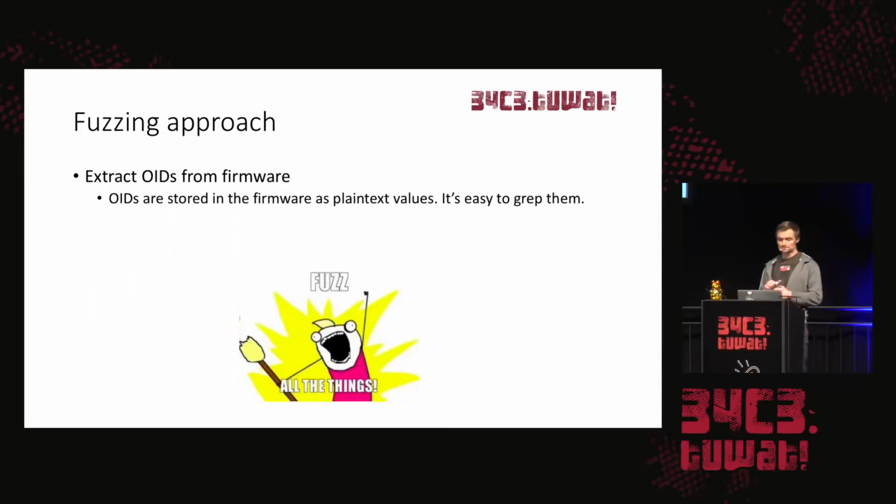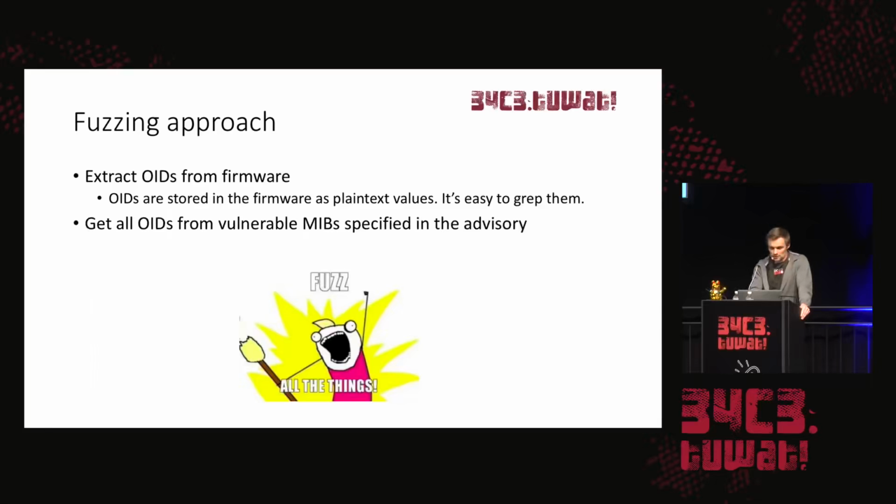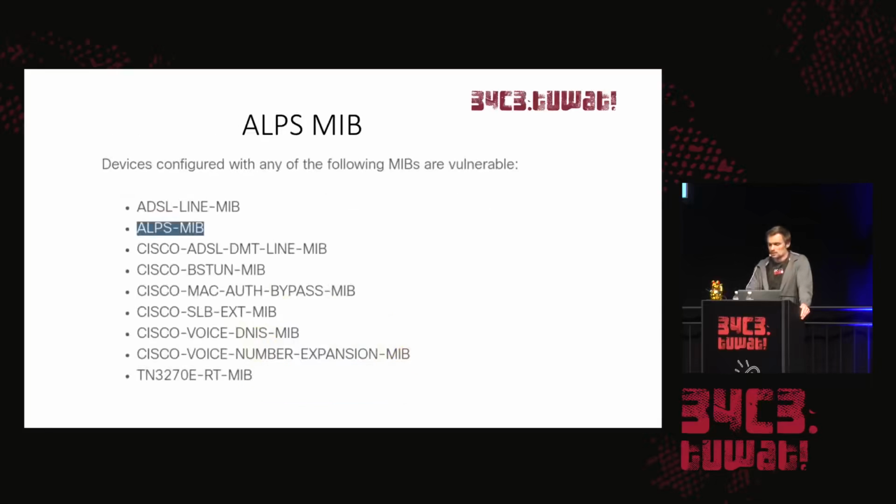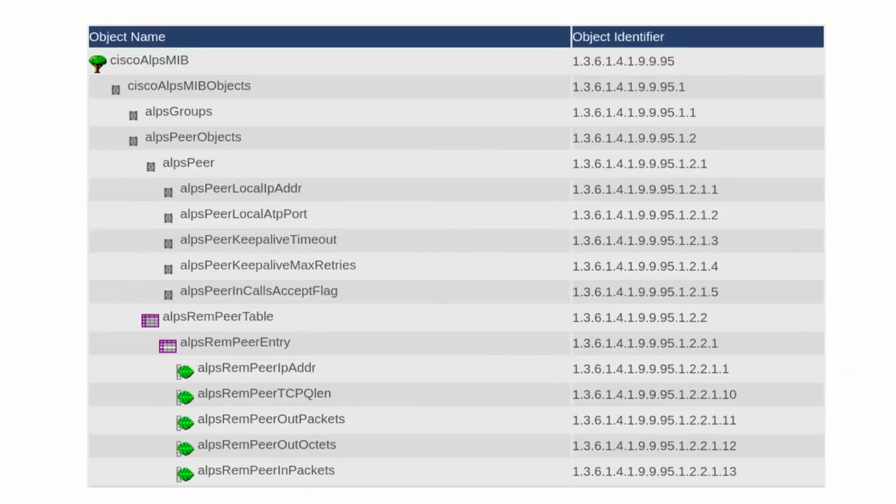How do we get all the object identifiers that our router will respond to? Basically, there are two ways. You can take the firmware and just extract all the OIDs from it. It's easy to grab them. They're stored in plain text. Another way is to look at the vulnerable MIBs and visit the website OID Views and get all object identifiers from there.